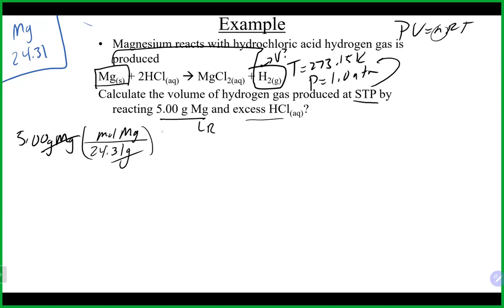And that in this case is pretty straightforward conversion there. It is a 1-to-1 relationship based off of the equation. So that will then get me my moles of hydrogen, which is basically 5 divided by 24.31, 0.2057 moles of hydrogen here.